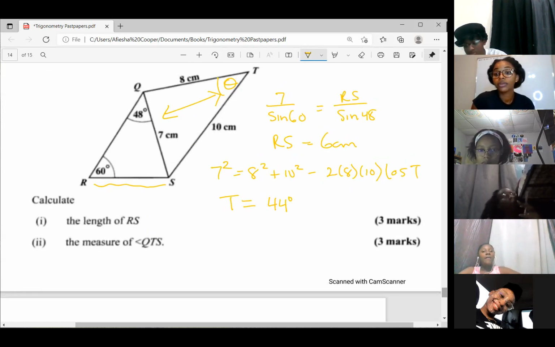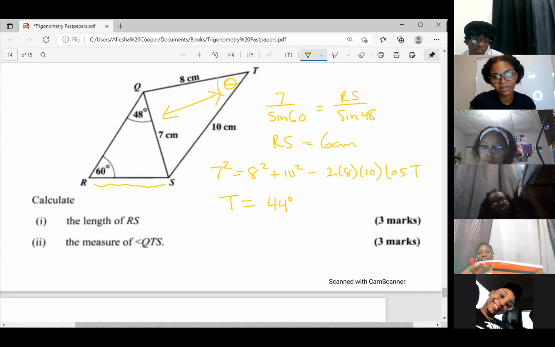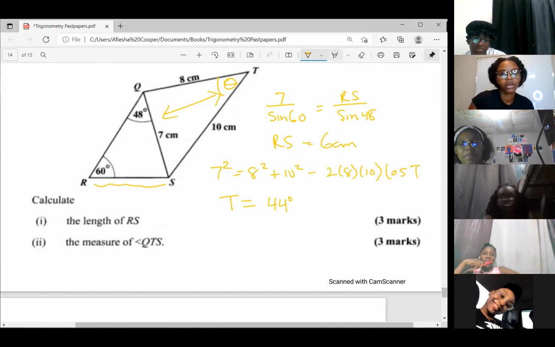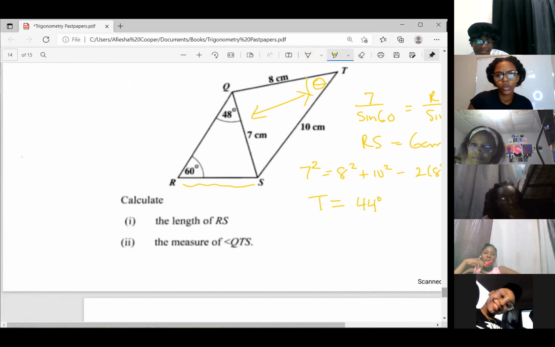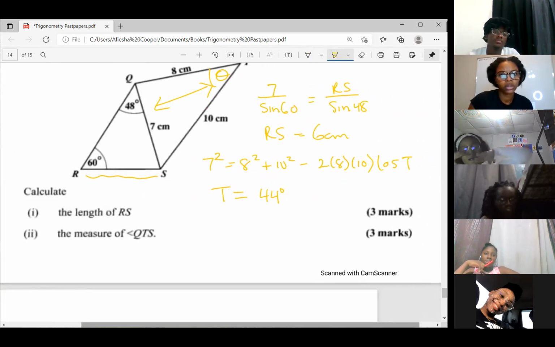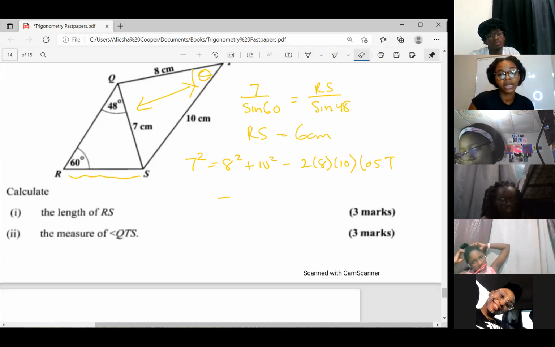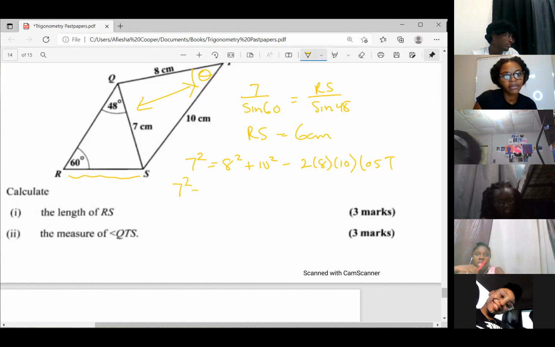Miss, how did you get the cos t to be on the left? All right, we don't have to make it on the left, we just have to make it the subject of the formula, right? So it's going to be 7 squared minus 8 squared minus 10 squared is equal to minus 160 cos t.